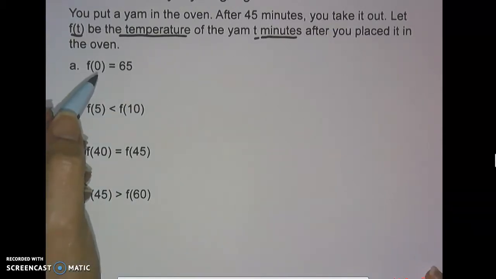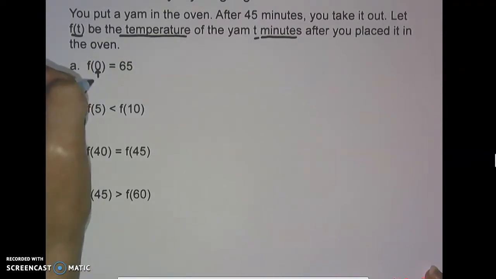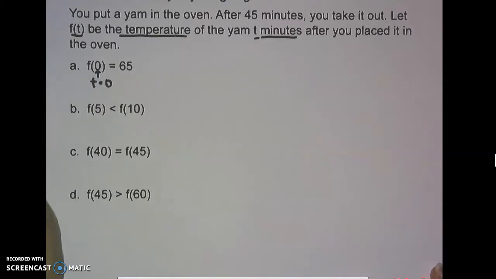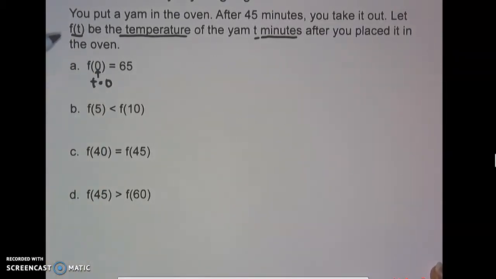What does that mean? This number inside the parentheses, this stands for t. So our time is 0. This 65 is our output, which would be the temperature. Okay?